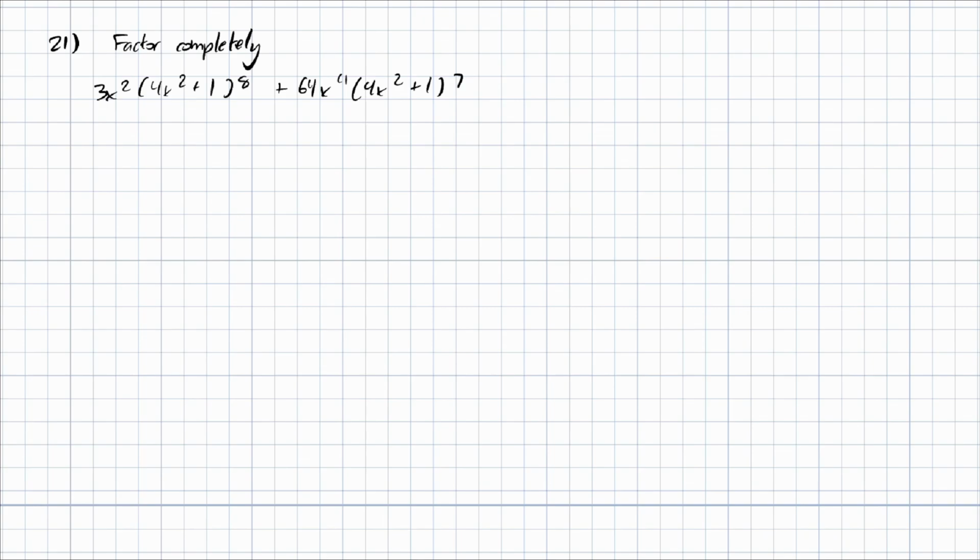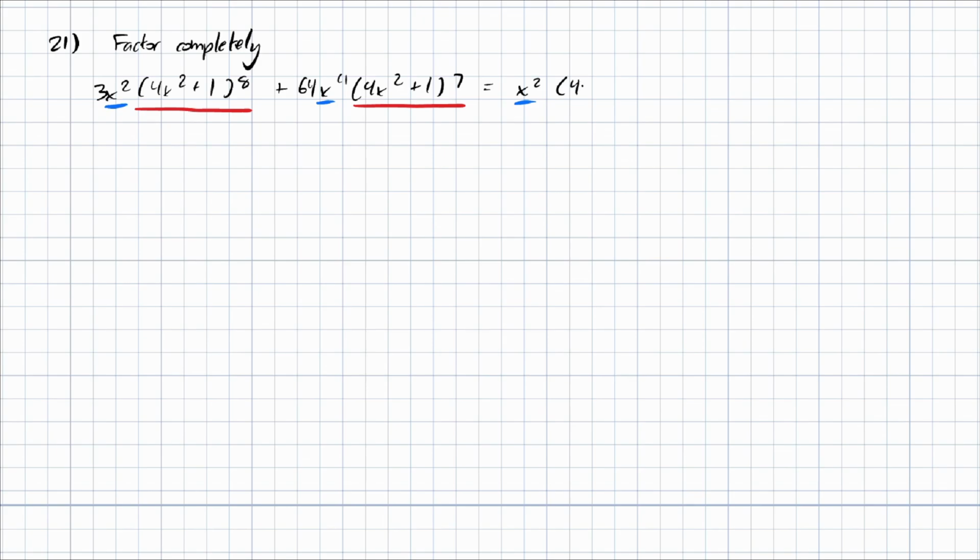How do I want to do this? All right. Let's start by taking the x squared out, from here and here. Then I'm going to take out this whole thing, (4x squared plus 1), to the 7th power because it's a smaller power.